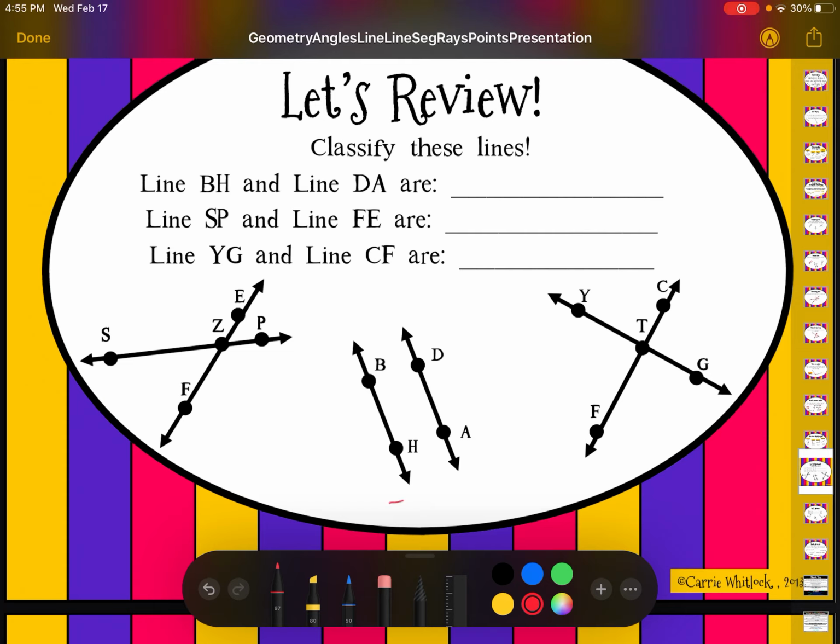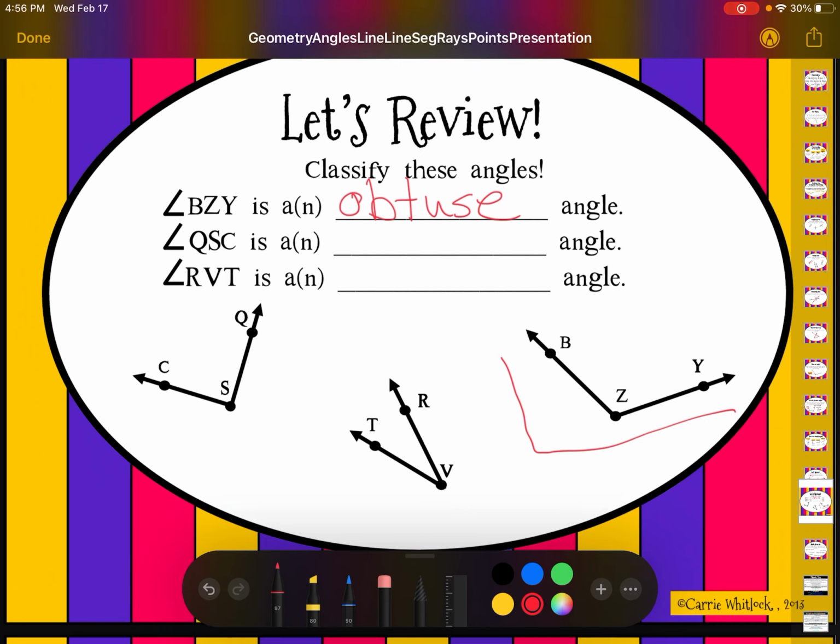Then it asks me about angle QSC, and I can tell that that angle is forming a right 90-degree angle, so that would be a right angle. And our last one, angle RVT, that's smaller than 90 degrees, so that's acute. It's little and cute.